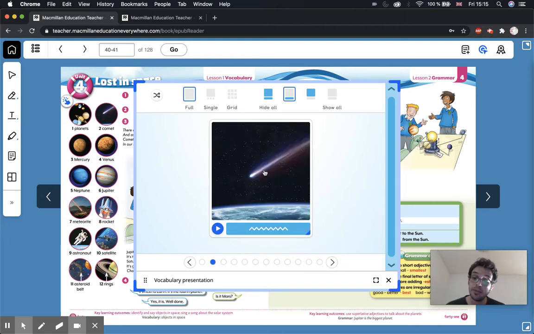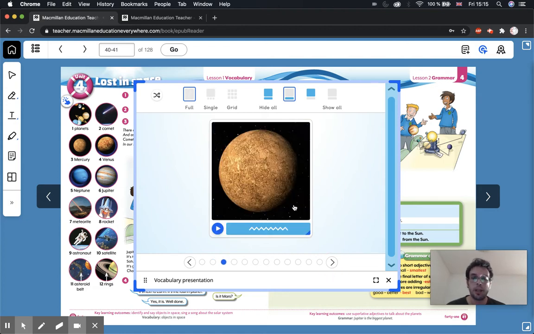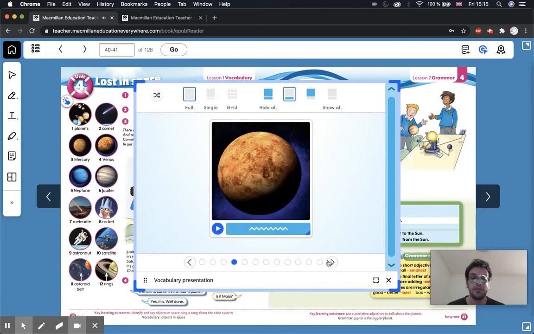Now this thing, the ice that flies through space, it is called a comet. What planet was this? Do you remember? Mercury. What planet is this? Do you remember?